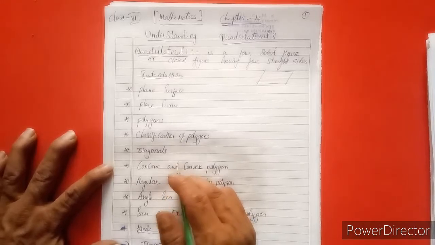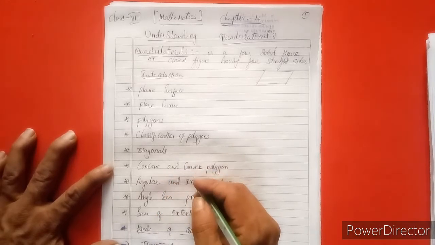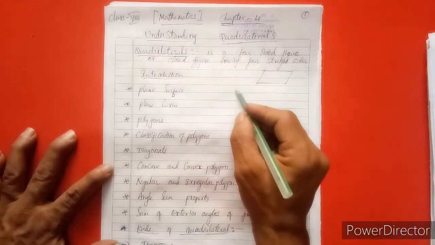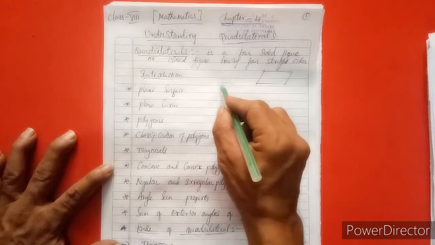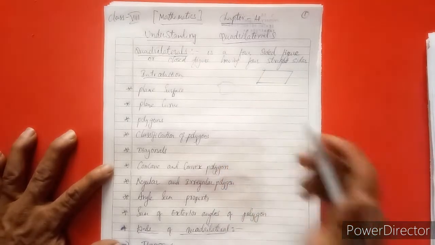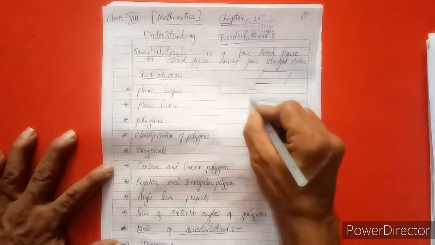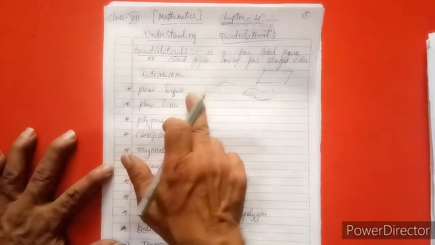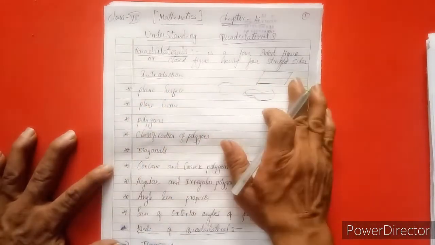For example, if you take one page or the board, this is a plane surface. You will write something, designs and scribbling, right or wrong. That is nothing but a plane surface. This is the plane surface of the page.